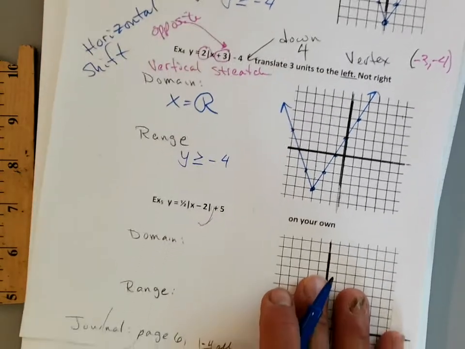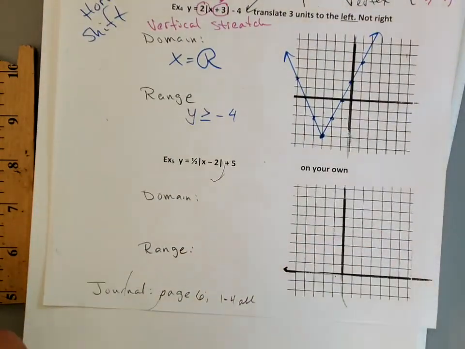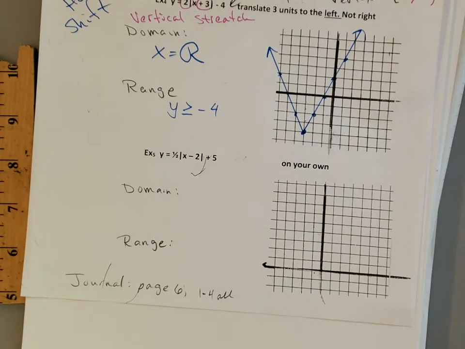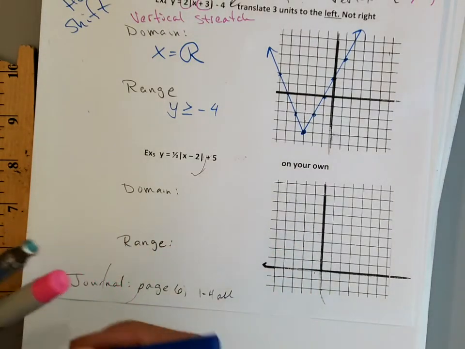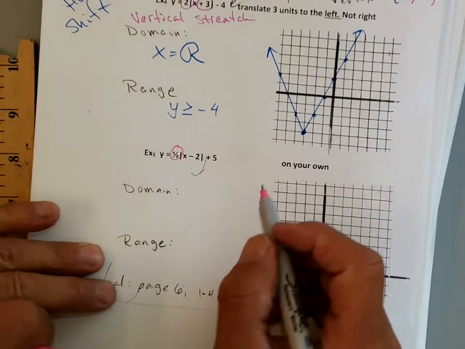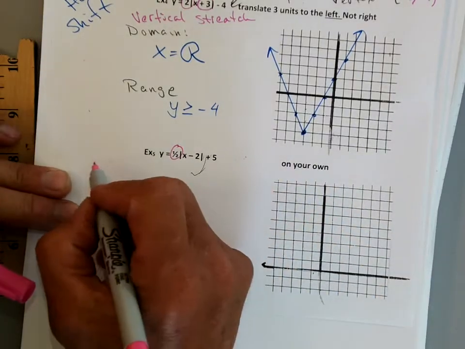Okay, now, it says on your own, you can try it. But let's see if you can figure this out. We're not in class, so I can't have you do it on your own, but we'll try and do this together. So here's what I know. This thing's going to be half as tall, which means it's going to be a vertical shrink.